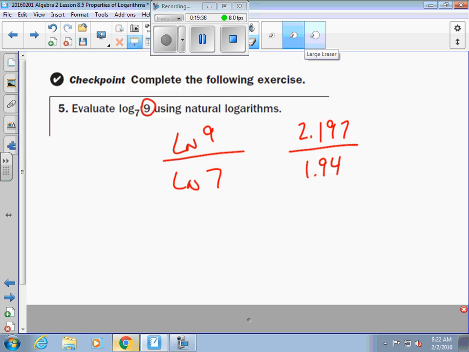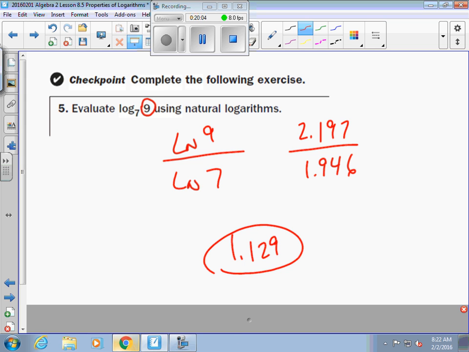That one should round to 1.946. And when you divide those by each other, the natural log of 9 divided by the natural log of 7, and you're definitely going to have to close your parentheses if you do that, because otherwise it's going to try to do it all in the same spot. If not, you'll get 1.129 for that one. 1.129.